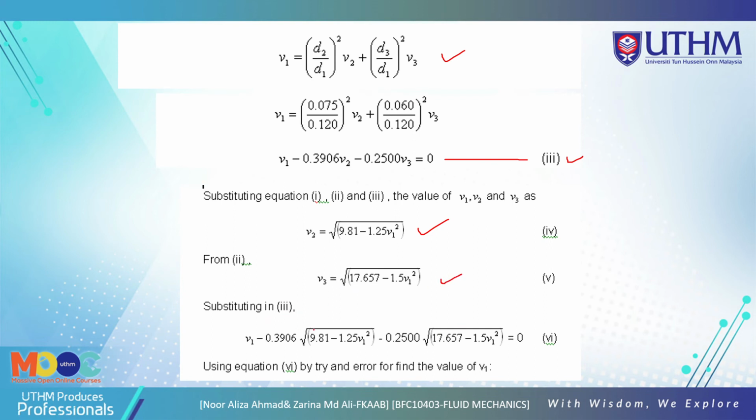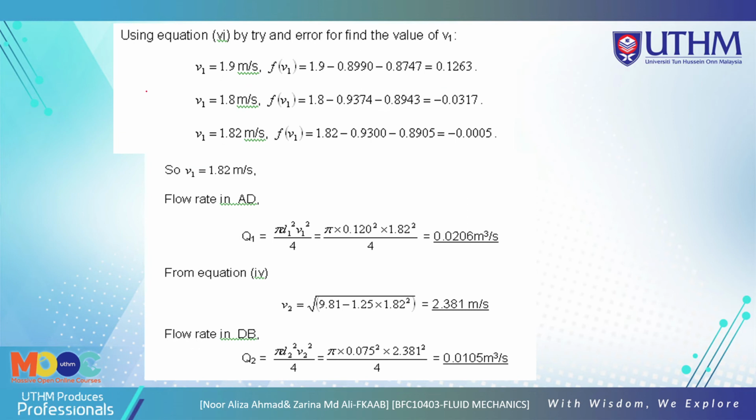Substitute in equation 3 here, and by trial and error you will find the value of V1. Solve for V1, so you get the flow rate in AD here, and V2 is this formula.